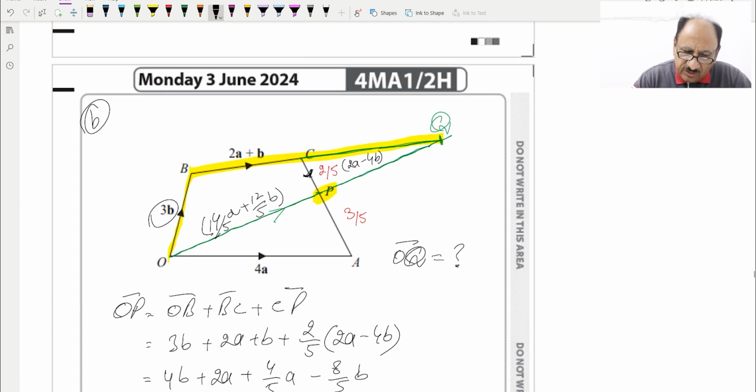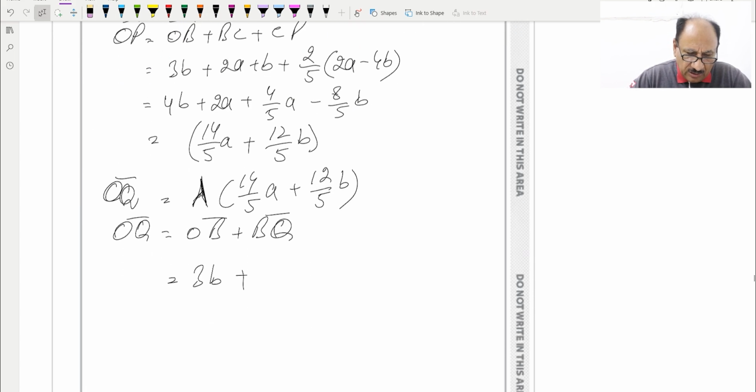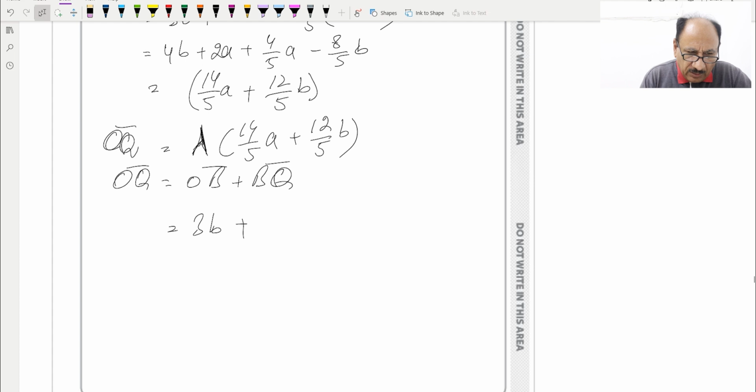We don't have the CQ portion, but we know that BQ is a multiple of 2A plus B, so we will write another constant, and we will write 3B plus mu into 2A plus B. So we have taken both the routes, and now we know that OQ is the same distance.